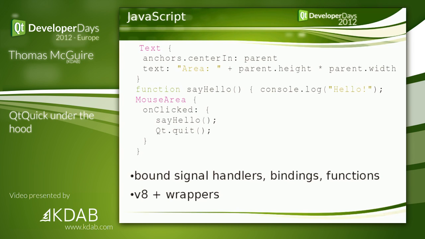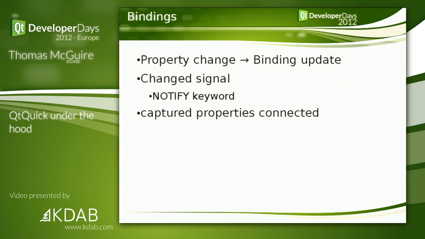Later, when JavaScript asks for width, it also puts that into the list. This list is called the capture list. So QML has a list of captured properties, and once the JavaScript expression is evaluated, it goes through the list and connects to each of the properties' changed signals. That's called property capture. And it's even quite clever.